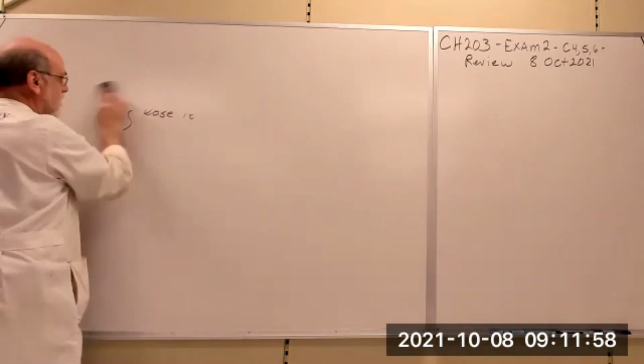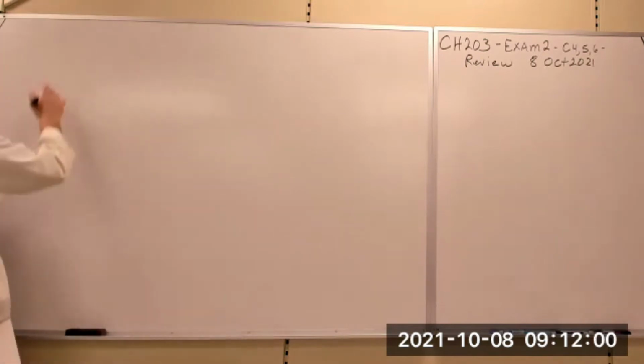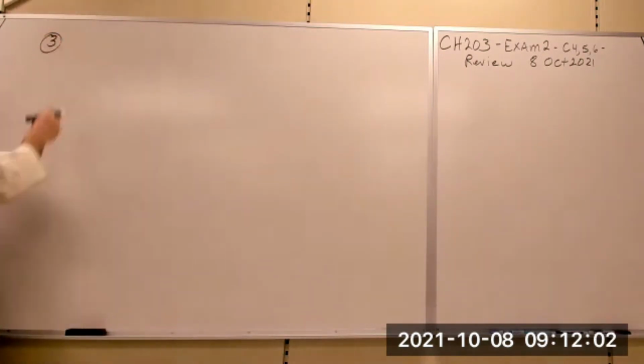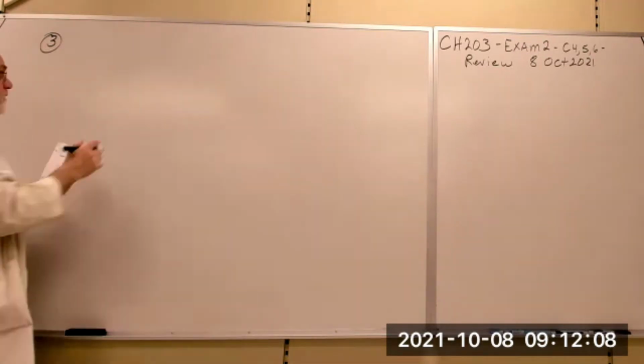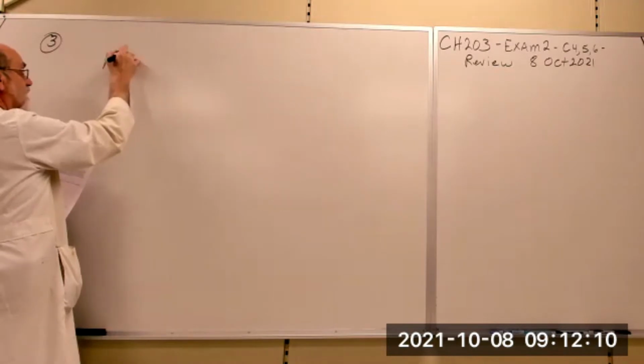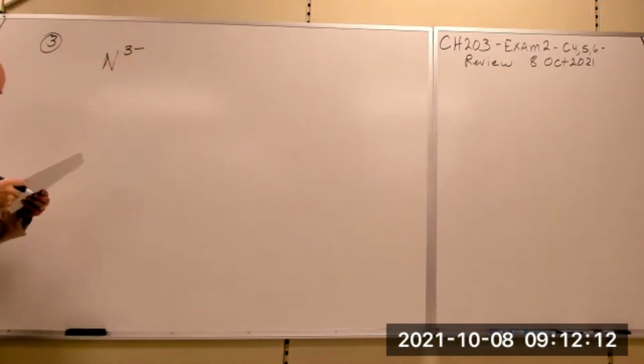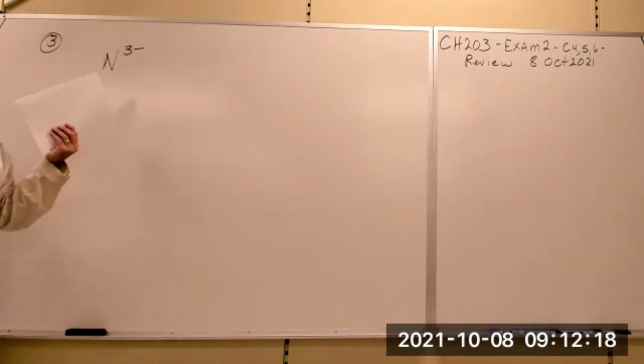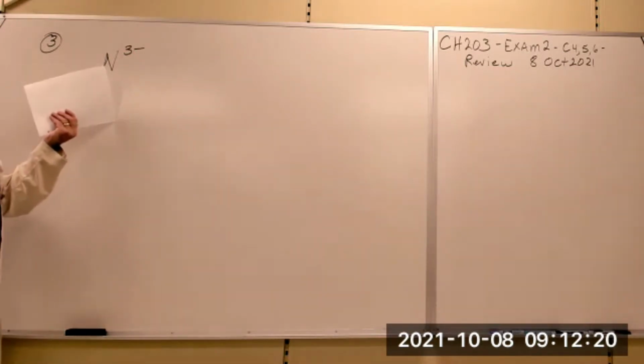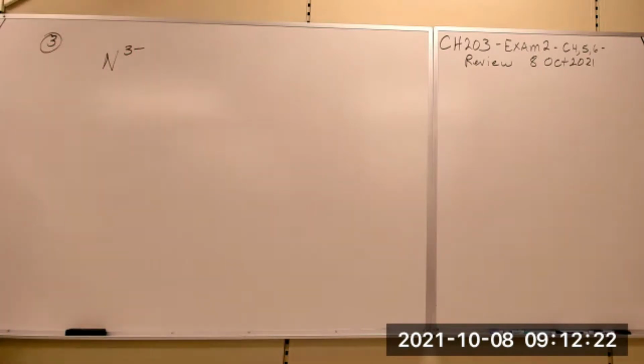Let's go to my number 3. How many total electrons are present in an N3- ion? Look at it this way. Nitrogen atom starts from neutral.